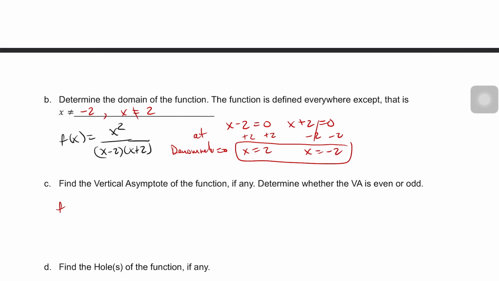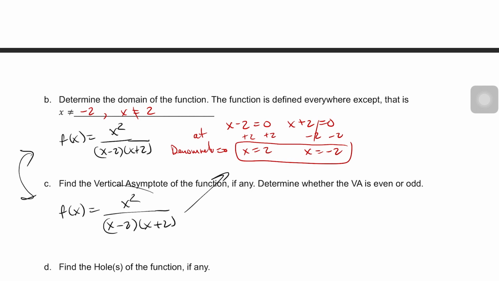To find the vertical asymptote, we'll do the same thing and set the denominator equal to 0, because to find the vertical asymptote, we have to find where the denominator is 0. But we already did that before, right? It's the same one as before, because the only difference is that if there was something we were able to cancel, then we would exclude that number that we canceled. But we didn't, so they happen to be the same.